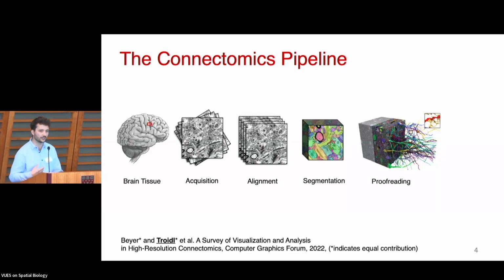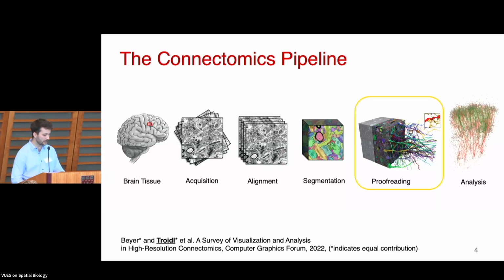And once that's done, and we're certain that the data has a certain quality threshold and is accurately proofread, we can actually analyze the resulting connectome network. And in the first part of my talk, I want to briefly explain some of the challenges and approaches that we've been developing about connectome proofreading.